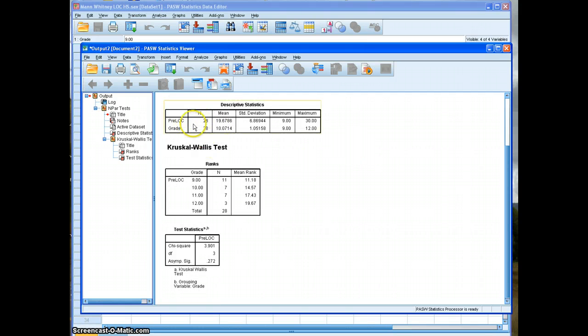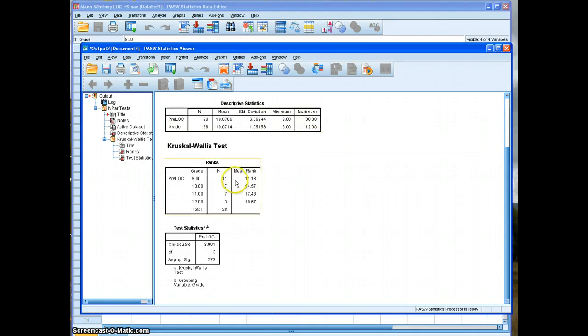You can get the average score on the pretest, which of course is not exactly right. That's not the best description of that score because you're not supposed to be taking averages of it, but it does anyways. You get the mean ranks for grades 9, 10, 11, and 12. How many N are in each one? What the mean ranks are.